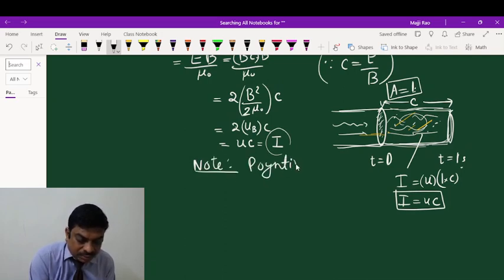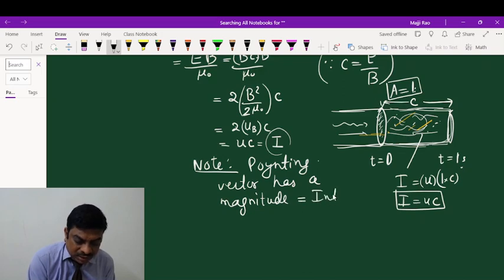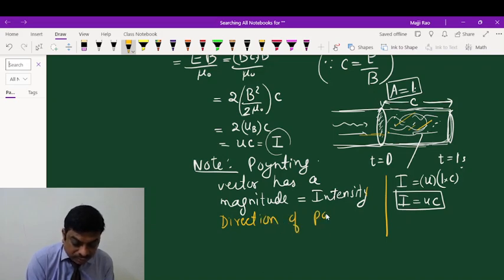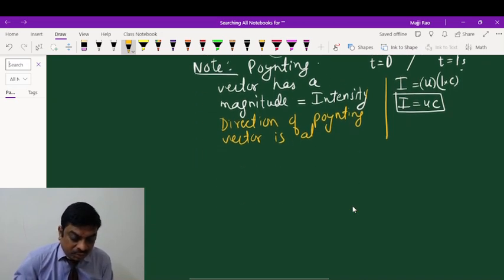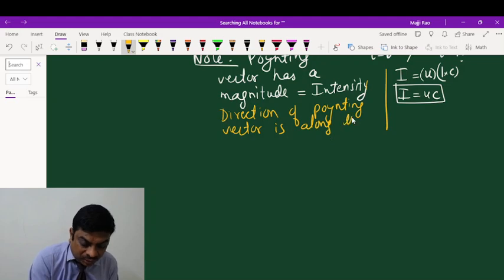Poynting vector has a magnitude equal to intensity, and the direction of Poynting vector is along the direction of propagation of wave.